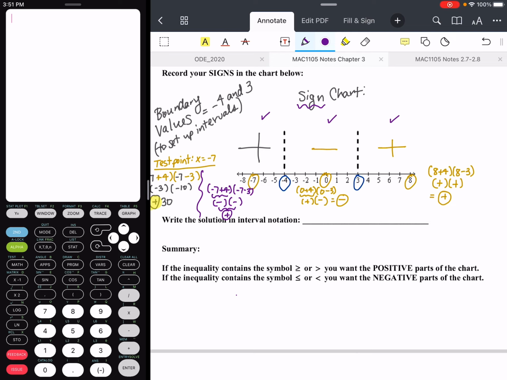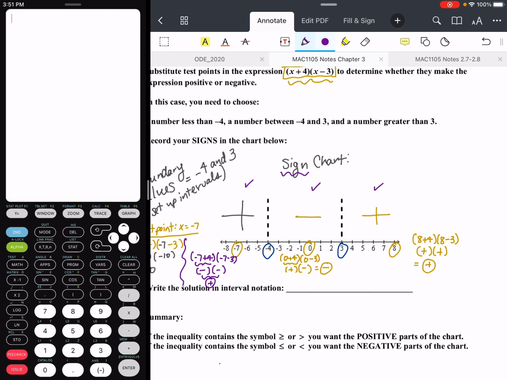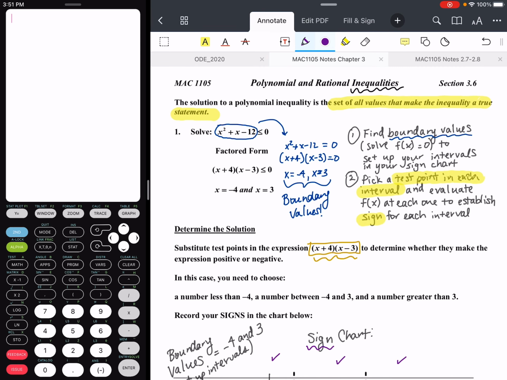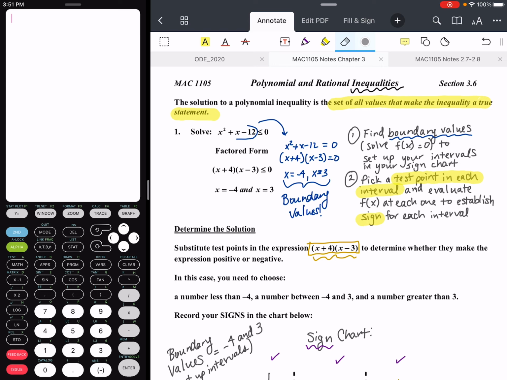Okay, so now we did all that work. What on earth are we looking at? We want to write the solution in interval notation. So now I'm going to go all the way back to my original question. So this said, solve x squared plus x minus 12 is less than or equal to 0. So if something is less than or equal to 0, numbers that are less than 0 are negative.